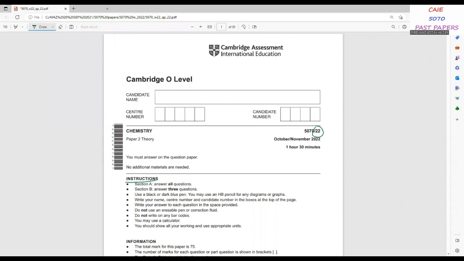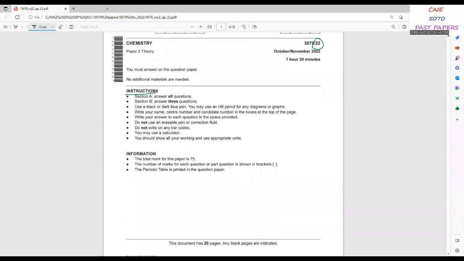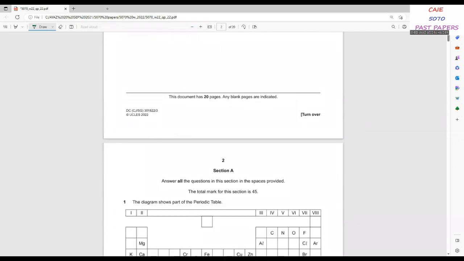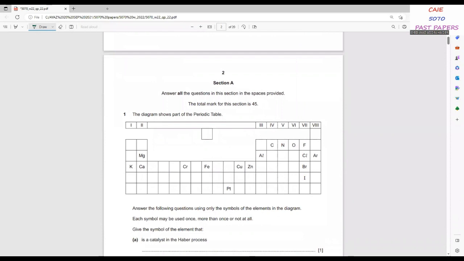You all know the instructions and the information provided to you for this paper. The total mark for this paper is 25 and the time is 1 hour 30 minutes. So let's begin the paper. Section A. Answer all the questions in this section in the spaces provided. The total mark for this section is 45.